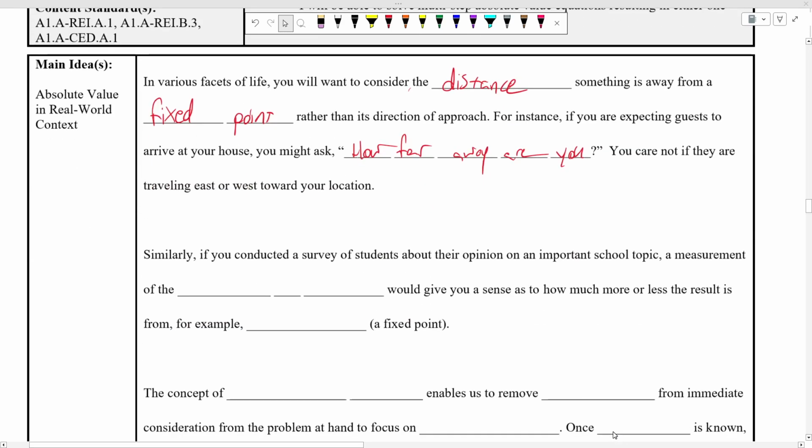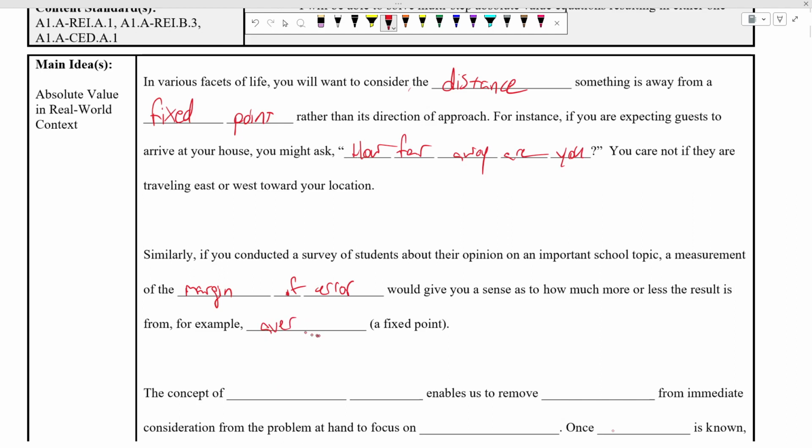That is what you are most concerned with at that moment in time. Similarly, if you conducted a survey of students about their opinion on an important school topic, now the topic doesn't matter, but you may come up with a measurement of the margin of error. And in doing so, it would give you a sense as to how much more or less the result is from, for example, a fixed point such as the average.